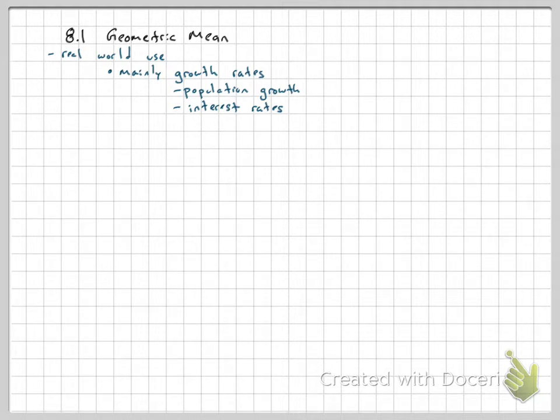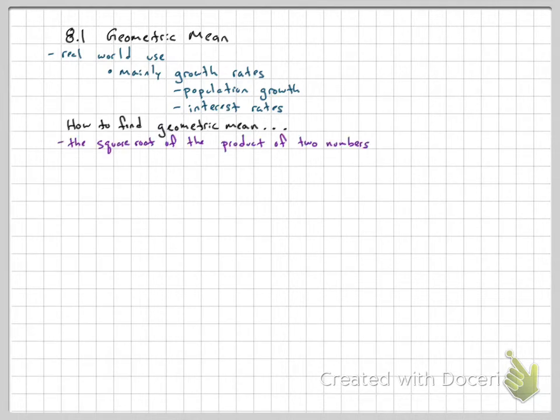So the main thing to understand is it's kind of like you're finding something that is going to be growing at a certain rate, and that's where geometric mean comes into play. For us, we're just going to be using it to find the altitude of right triangles, okay?